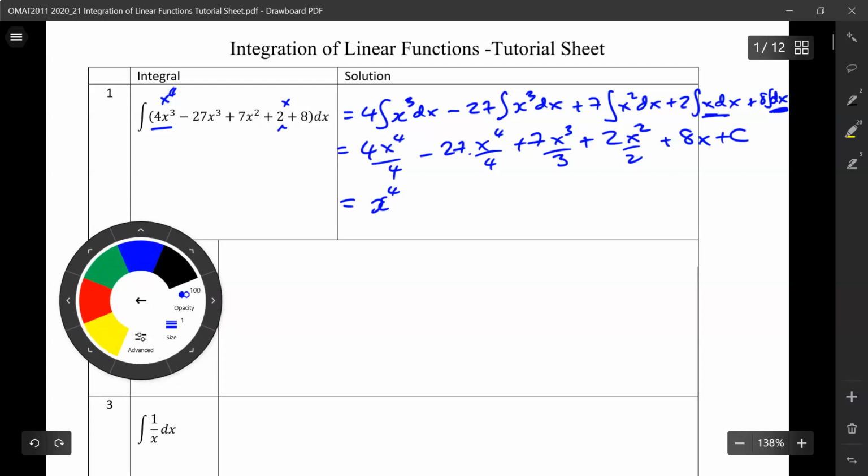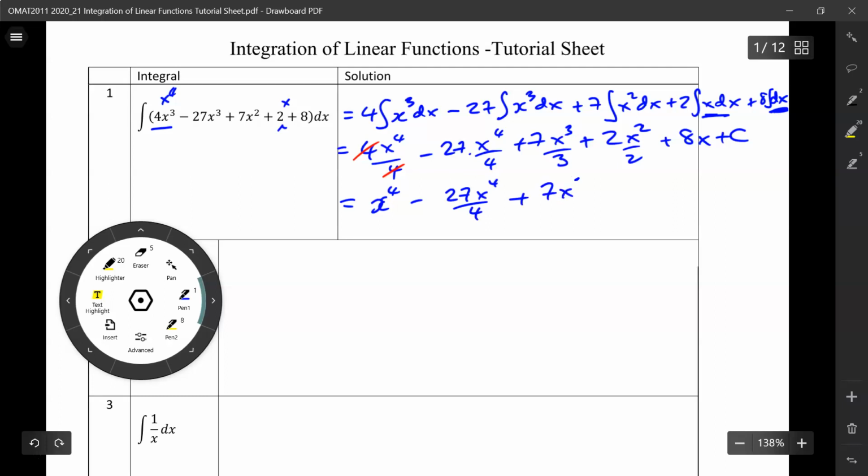So this one, they cancel, minus 27x to the 4 over 4, plus 7x cubed over 3, plus these two cancel, the 2 and the 2 cancel here, to give me x squared plus 8x plus c.